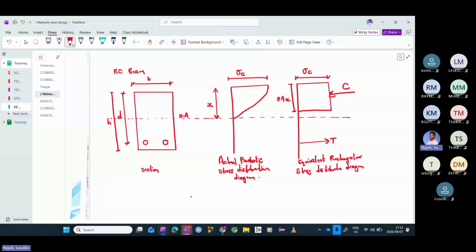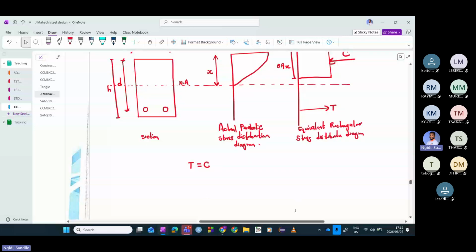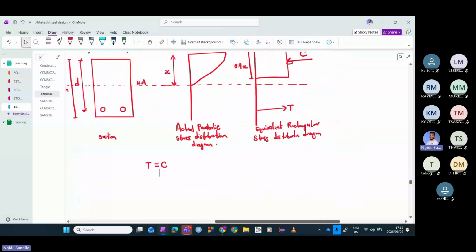And calculating these forces shouldn't be a difficult task because we know from our strength of materials that stress is equal to force over area. So when I want to find the force, I can just take the stress and multiply it with the area.